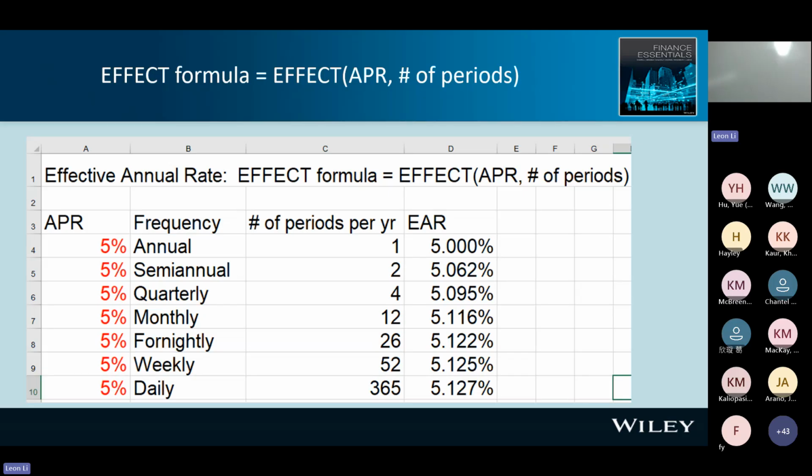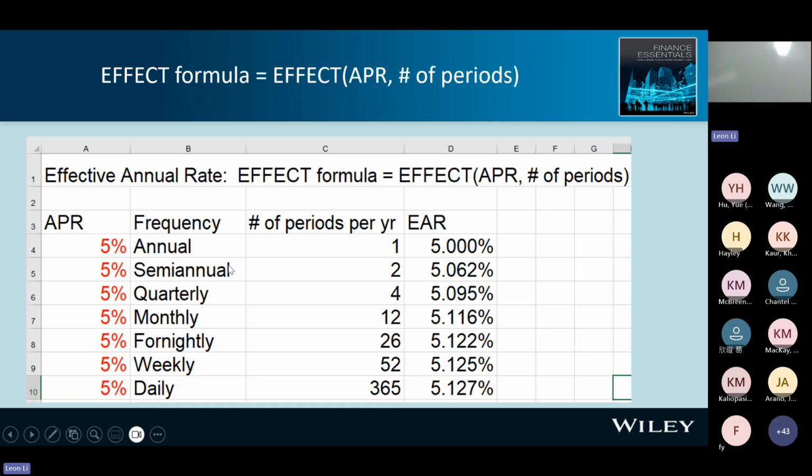So Excel can help us with the calculation. The Excel formula is here. The first input variable is APR. The second input variable is the number of periods per year. I used 5% for APR.